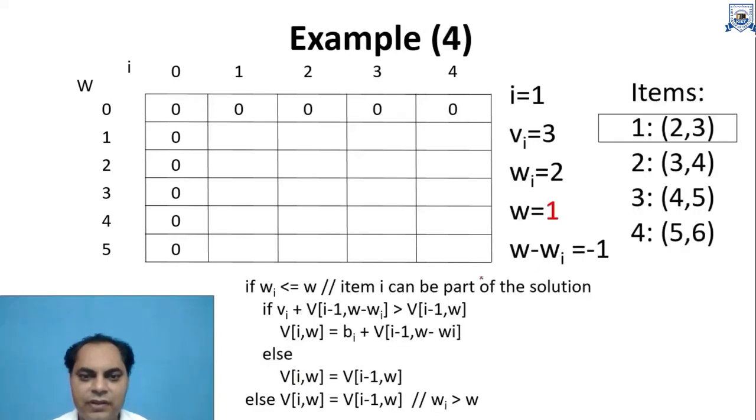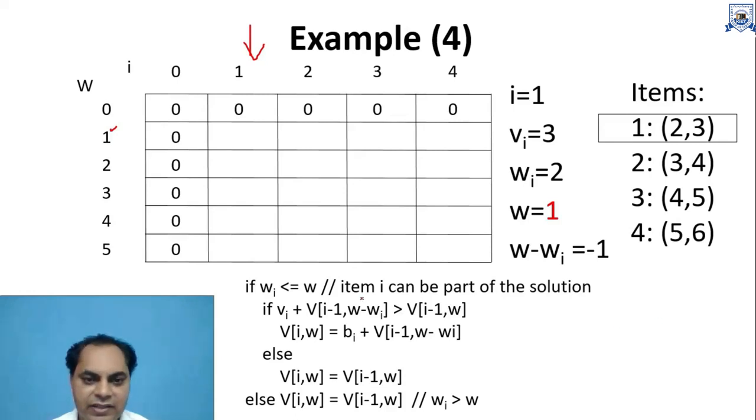Now come to this logic. Let's consider item number 1. We want to fill this column, and we are considering only a single item, and for that single item we will change our knapsack capacity. Let's say the capacity of the knapsack is 1. In that case, if we want to accommodate this first item which has weight 2 and the current capacity of the knapsack is 1, you cannot accommodate that.